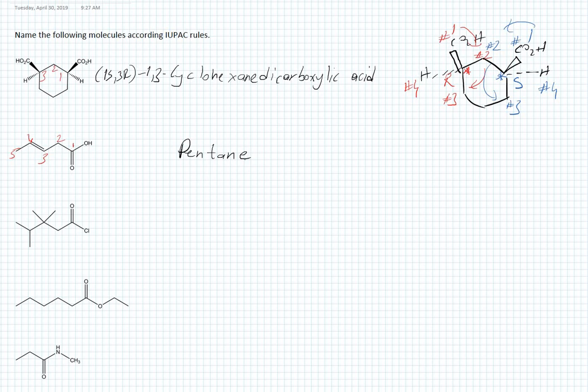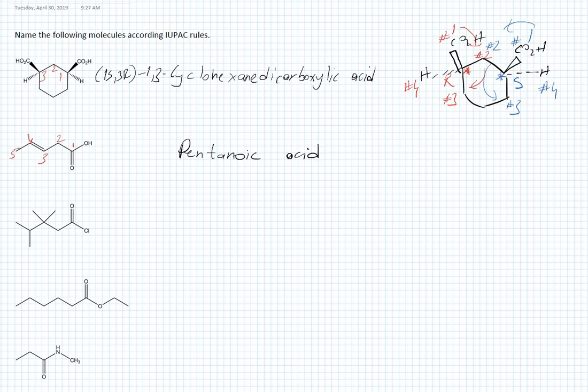In carboxylic acids, what we were doing, we were dropping the terminal E at the end, and we were adding oic acid if it is an open chain carboxylic acid: pentanoic acid.